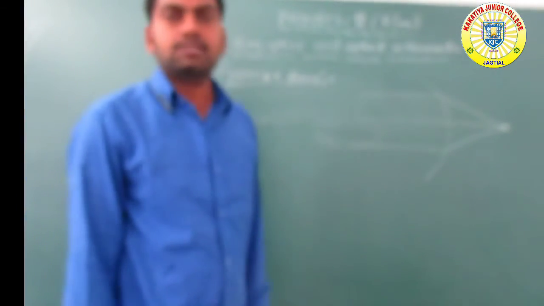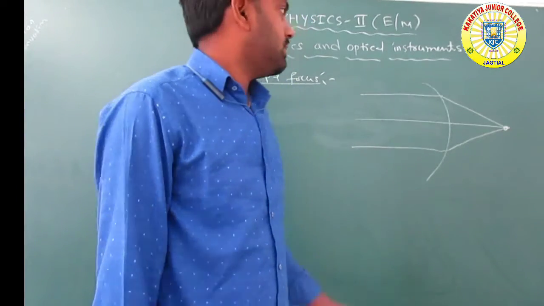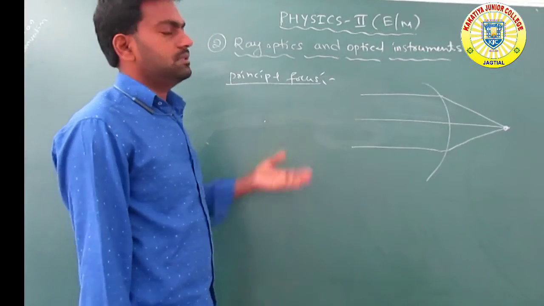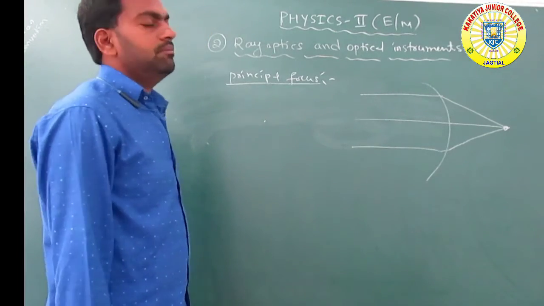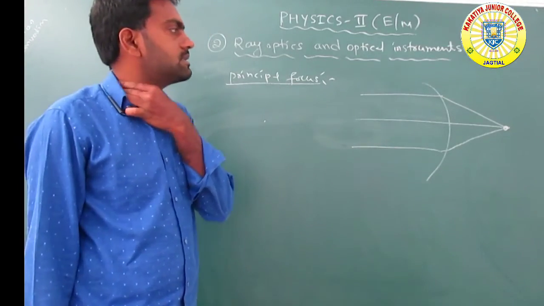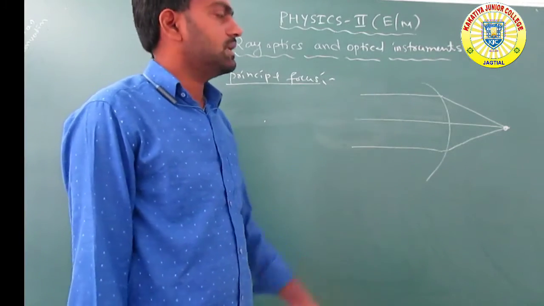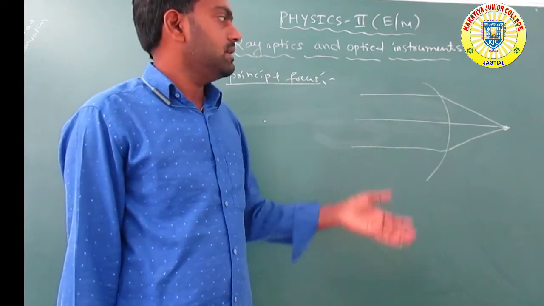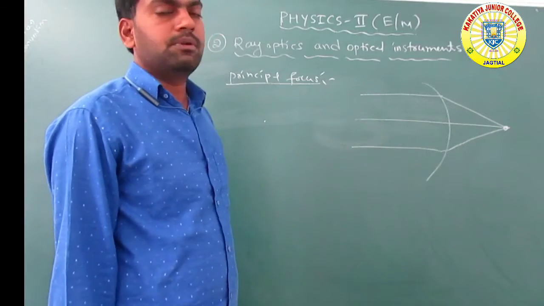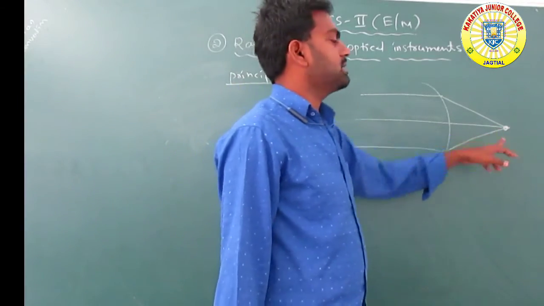That point is called the principal focus. So a parallel beam to the principal axis, after reflection or refraction, meets at the principal focus.